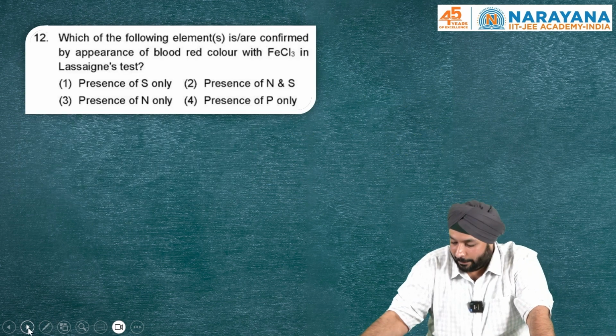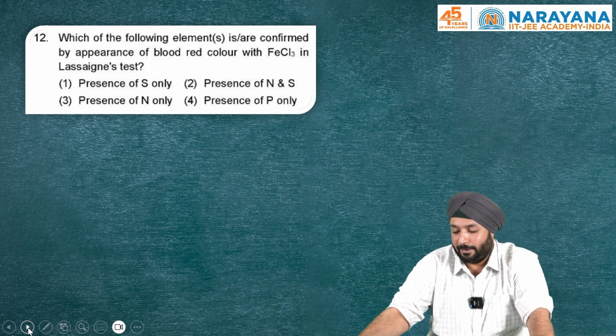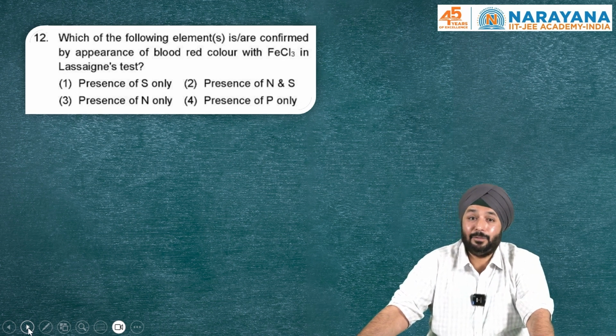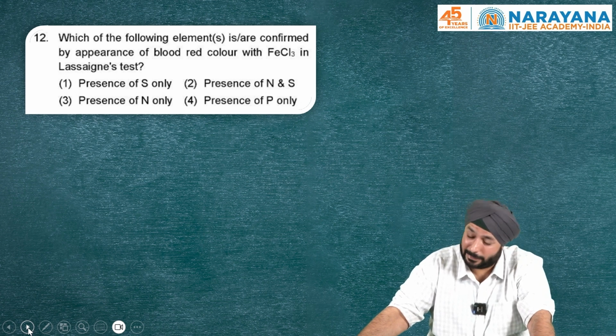Which of the following element is are confirmed by the appearance of blood red color with FeCl3 in Lassaigne's test? Again, it is a very simple question, came from NCERT, direct question.